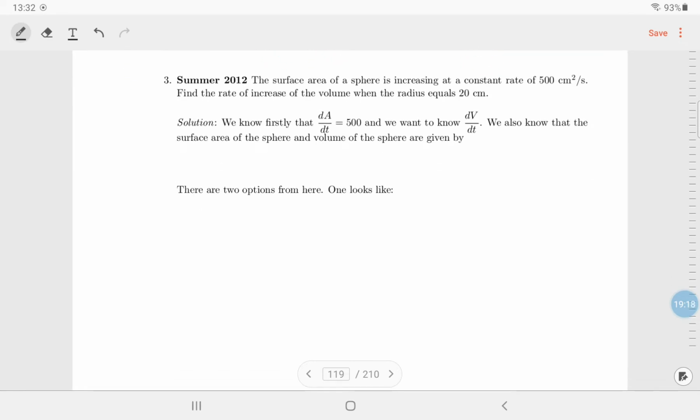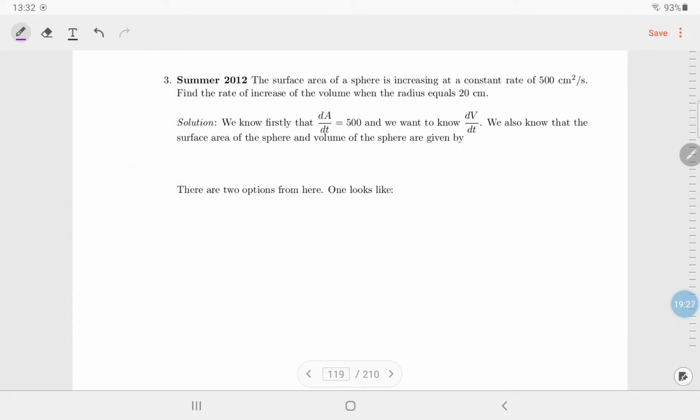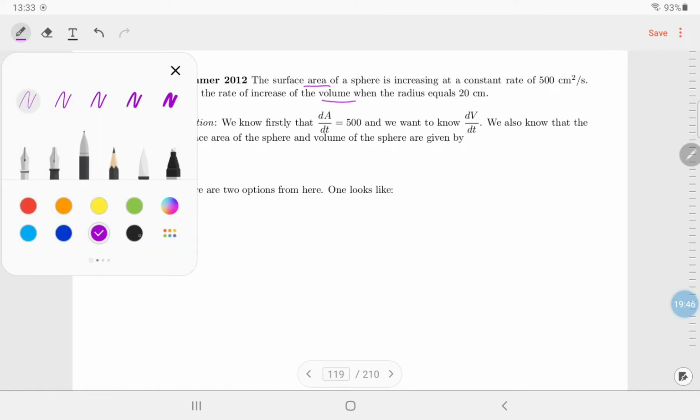The second option is probably easier, but possibly a bit confusing. So the surface area. So if we talk in terms of variables, area and volume. Now the issue is we can't formally write, and we'll do it down the bottom, so volume is more complicated than area.